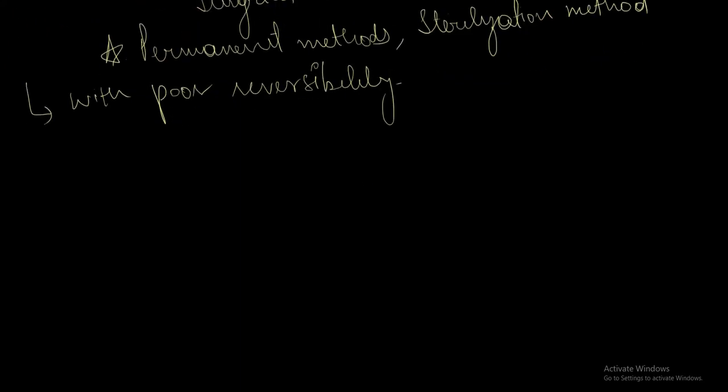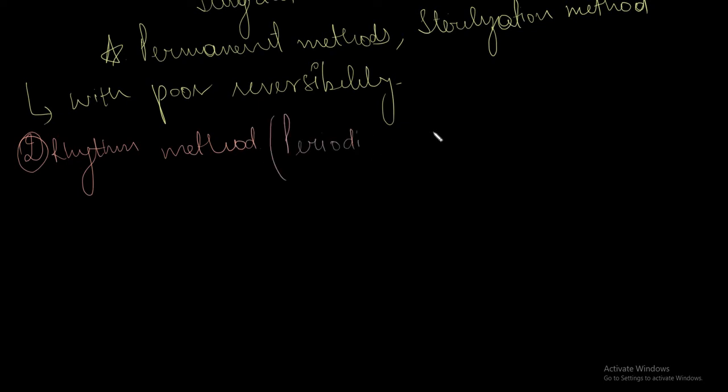The next method is the rhythm method, also called periodic abstinence. Now students, in this method mating is avoided between the 11th to 17th day of the menstrual cycle.